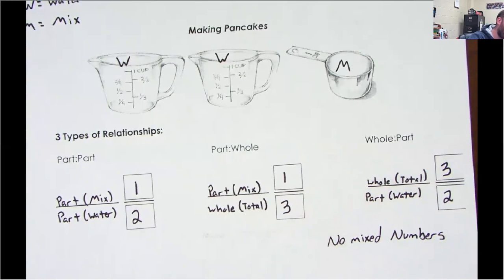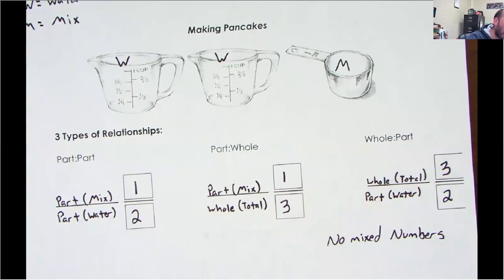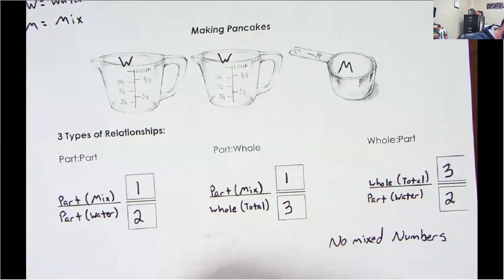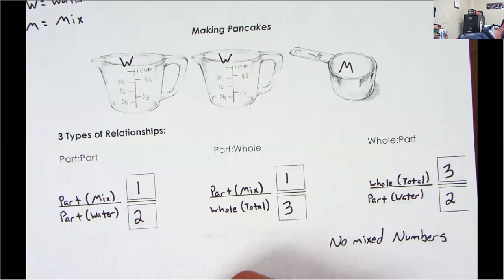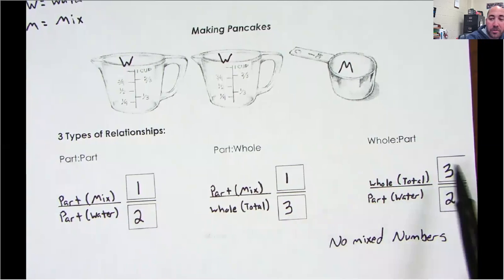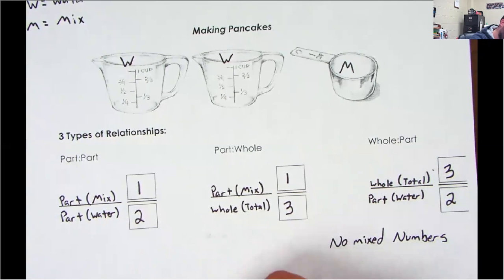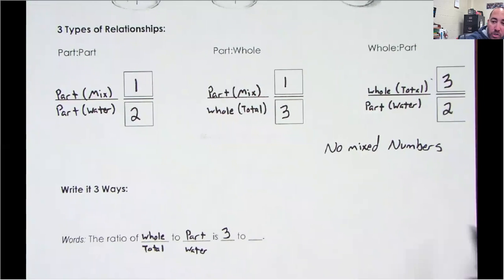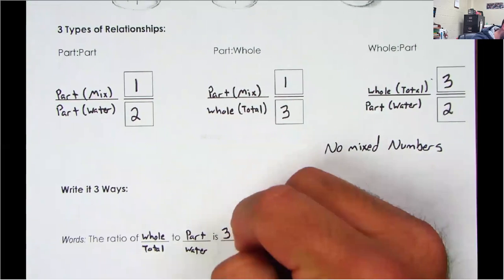So we're going to use the whole to part. 3 ways to write it. The ratio of the whole, which was the total, to part water is I had 3 wholes and 2 waters, which is 2 parts.